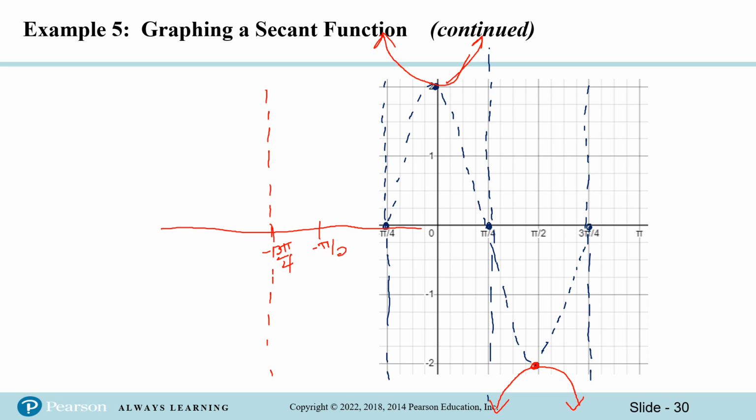Let me switch back over to the blue. It's going to be down here. It's going to be here. Okay, so now I can finish my secant. So my secant is right there. All right, so that would be 2 secant 2x.